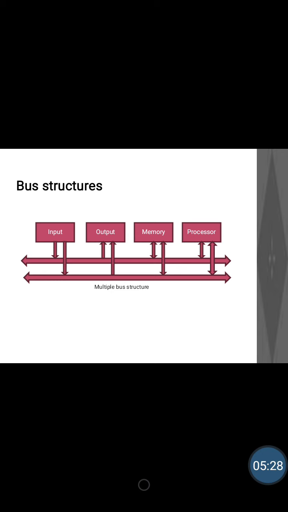So depending on the application where we are using, we can decide whether to have a single bus or multiple bus structure. Okay, so all the devices which are connected to the bus, maybe using single bus or multiple bus, they vary in their speed.